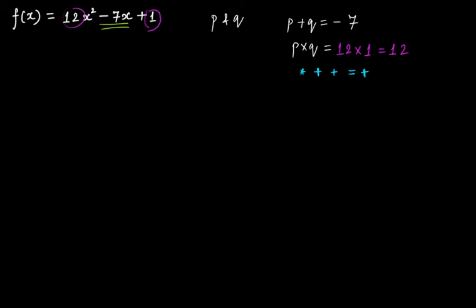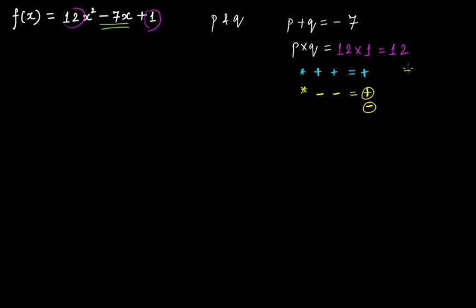Therefore, the second condition you have to think of is that one number is negative and the other number is also negative. Then a negative number multiplied by a negative number gives a positive number, and a negative number plus a negative number gives a negative number. It means both the numbers have to be negative.